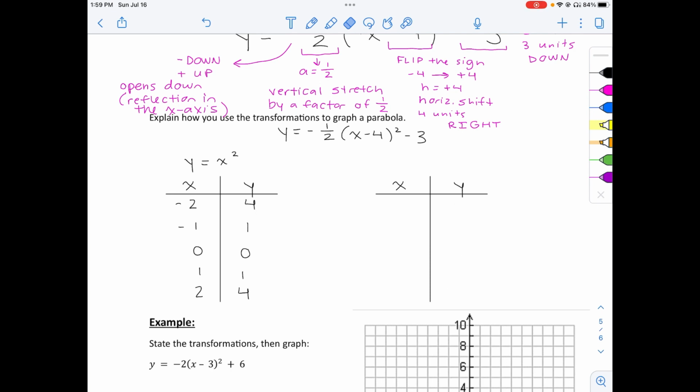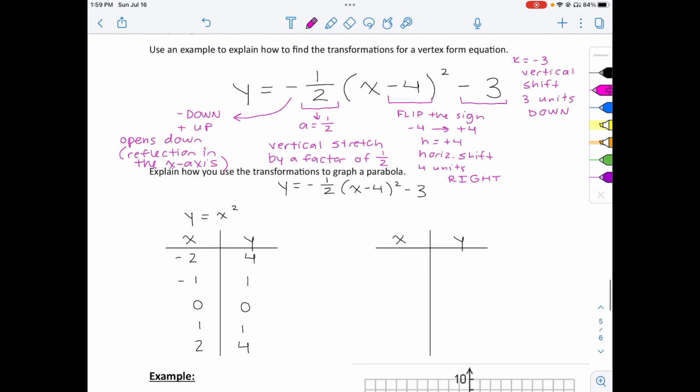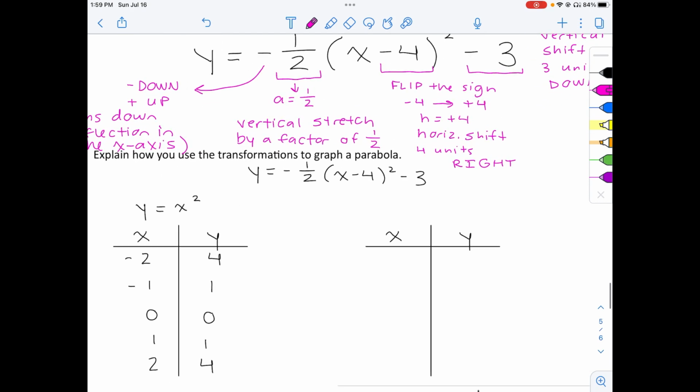So from my equation, I can tell what my vertex is. From looking at this, I said in the previous part up here where all the pink is written, that I have a horizontal shift 4 units right and a vertical shift 3 units down. Because this is in vertex form, we know that the vertex has to be (h, k). So the vertex is always going to be (h, k).